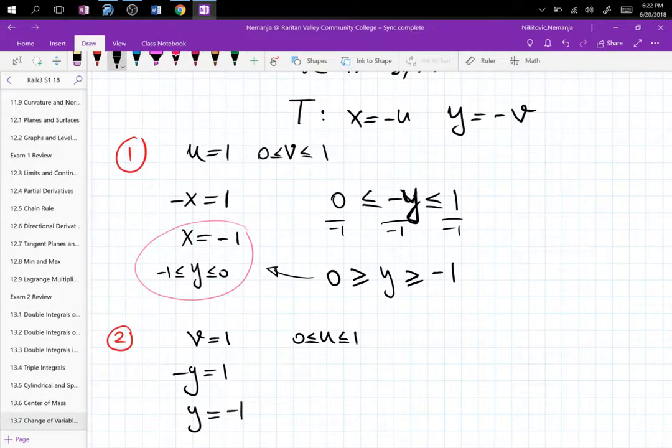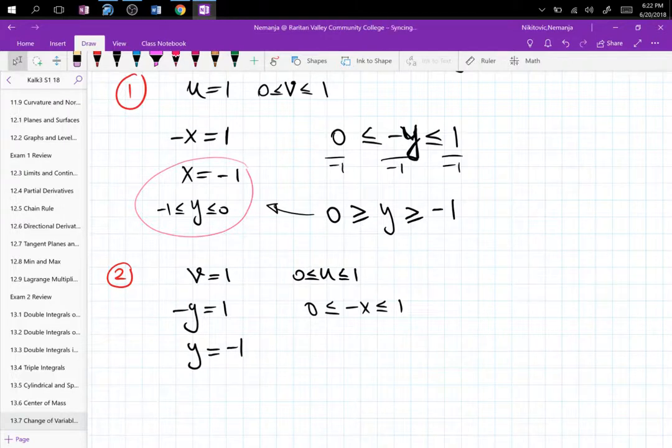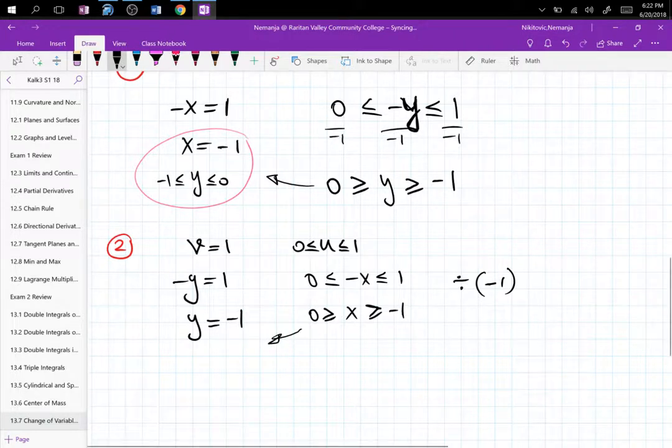Next, we have to deal with the region, and the region is from 0 to 1. Again, we substitute -x instead of u, so 0 less than -x less than 1. And now you divide everywhere by -1, so I'll write here divide by -1. So now you know that you have to switch the signs: 0 larger than x, and then larger or equal than -1.